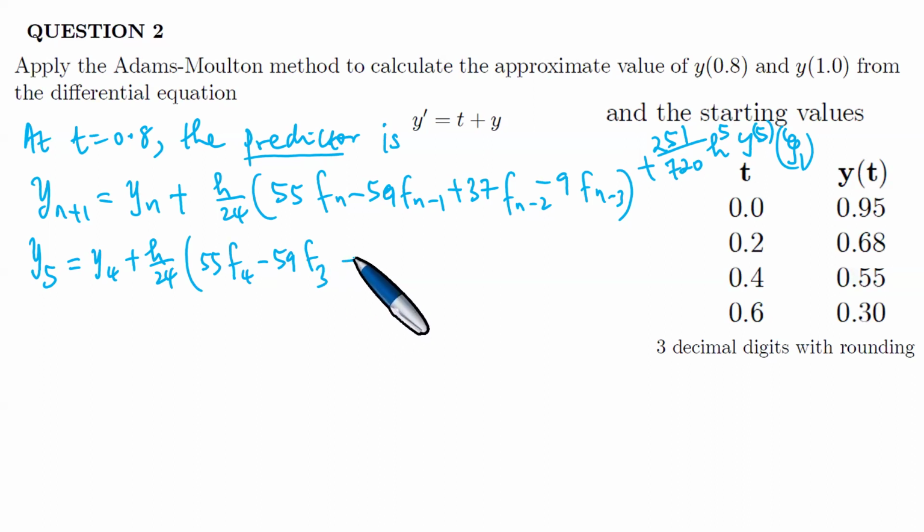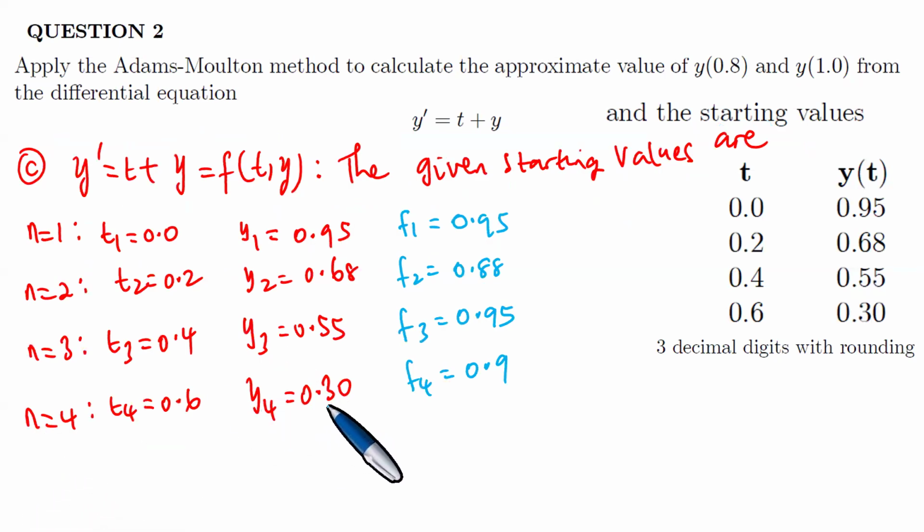Then 4 minus 2 is 2, and 4 minus 3 is 1. Okay, now what is y4? Y4 is 0.30.